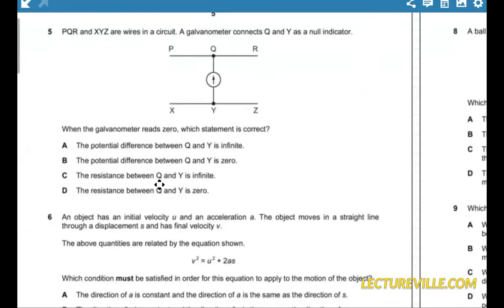The resistance between Q and Y is infinite? No, it doesn't make any difference. The voltmeter is supposed to have an infinite resistance. That makes no difference. The resistance between Q and Y is 0? So the answer will be B. The potential difference between Q and Y is 0. That can only be true for this situation.